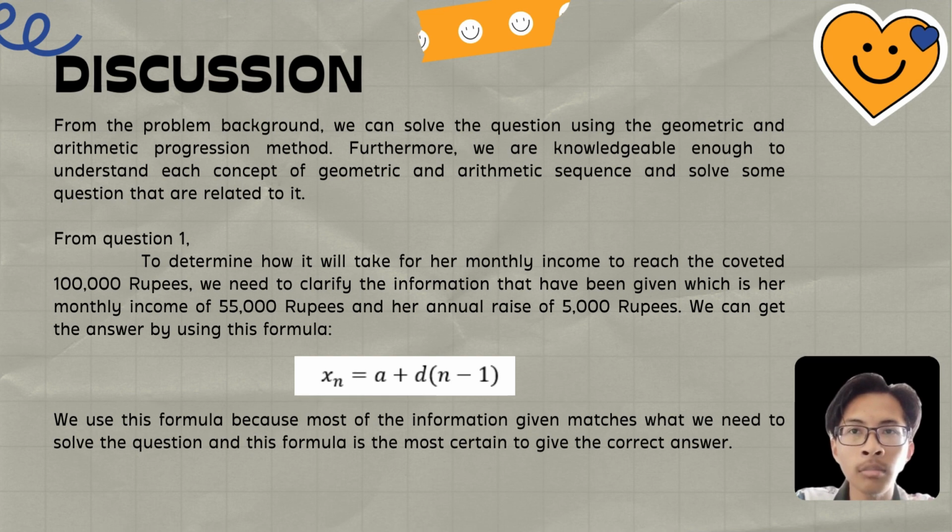We can get the answer by using this formula: xn equal to a plus d times n minus 1. We use this formula because most of the information given matches what we need to solve the question, and this formula is the most certain to give the correct answer.